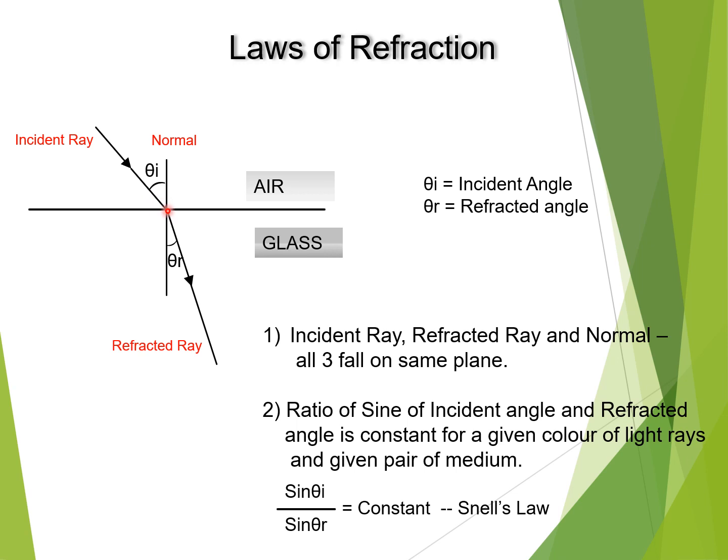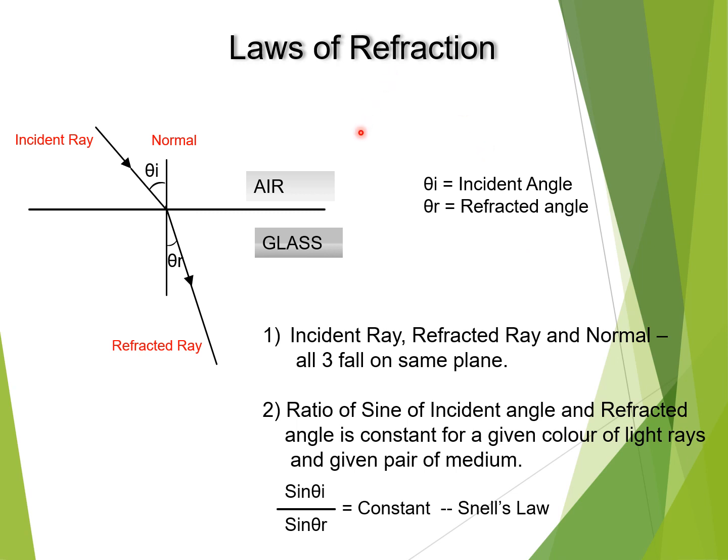If you draw a perpendicular at the point where it is changing the medium, from air to glass, then the angle between the normal and the incident ray shall be called the incident angle. Similarly, the light ray has refracted because of the change in medium and change in light speed, so the angle between the normal and the refracted ray shall be called the refracted angle.